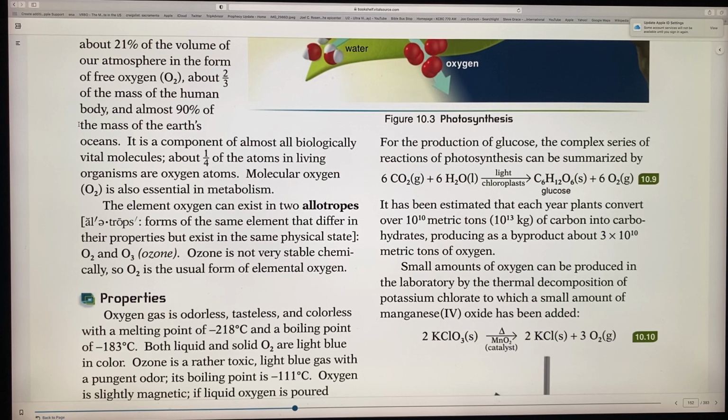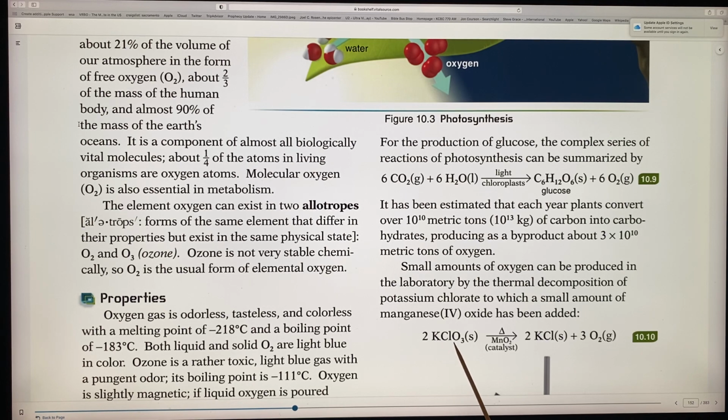Small amounts of oxygen can be produced in the laboratory. So in the laboratory, what happens here? A lot of times they use sodium peroxide, but in this laboratory one, it's not sodium peroxide, it's potassium. So here we have potassium chlorate, to which a small amount of manganese is used as a catalyst.